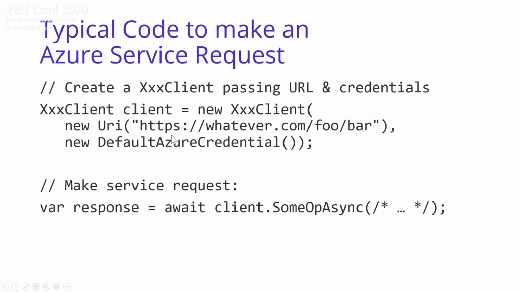Then inside your function, when you want to talk to an Azure service, you would write code to new up some kind of client. Like this could be a blob client or a key vault client, right? Depending on what kind of service you want to talk to, you would download that service's client library, put the using directive in, reference the assembly, of course, and then you new up the proper client. This is usually your starting point to get started with any kind of Azure service in your code.